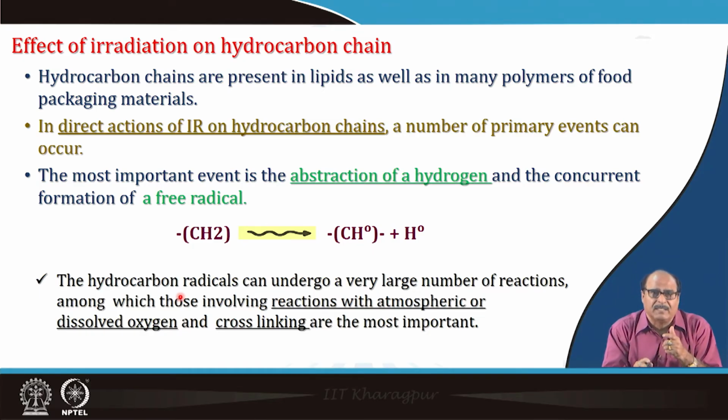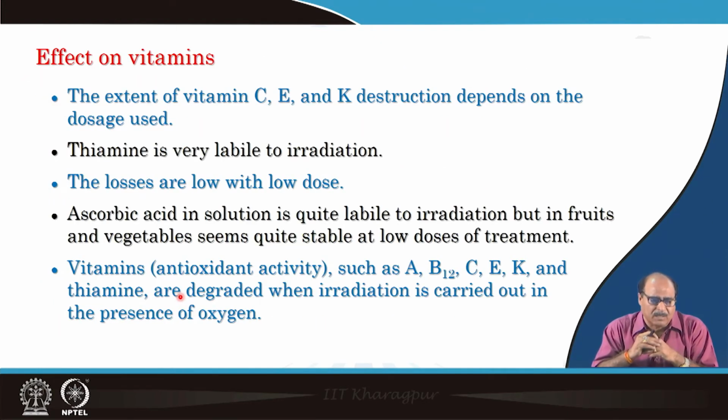The most important event is abstraction of hydrogen from the hydrocarbon chain, and there is a concurrent formation of free radicals, a hydrocarbon free radical and a hydrogen free radical. And these hydrocarbon radicals can then undergo a large number of reactions, among those the reactions with atmospheric or dissolved oxygen, cross-linking, condensation, polymerization; so many reactions can take place.